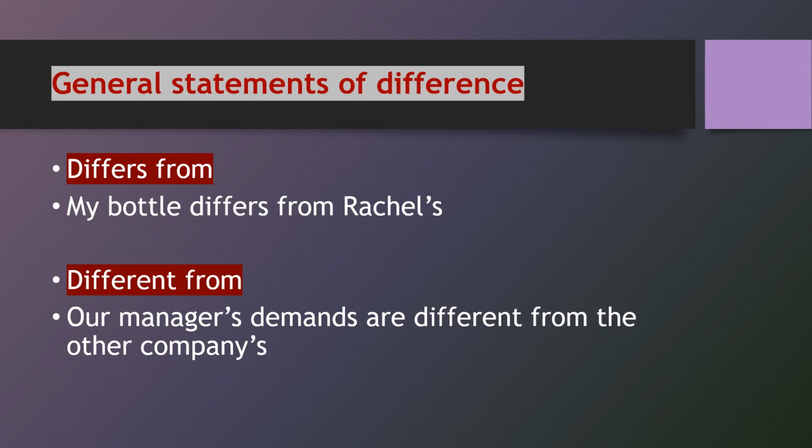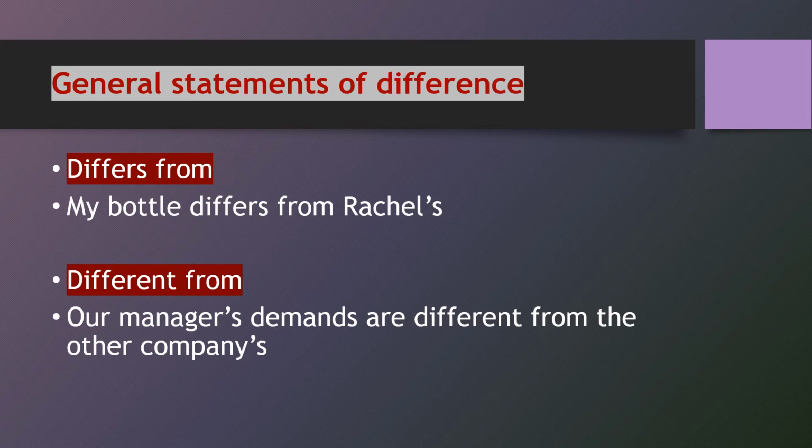By the way, you can say, just like the previous example, are different from the other company's demands, but we don't add them. We call them ellipses when you don't repeat the same word if it were mentioned in the first place.